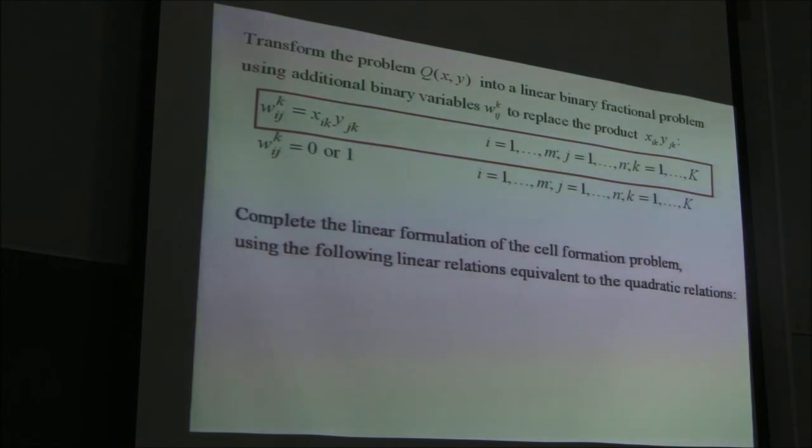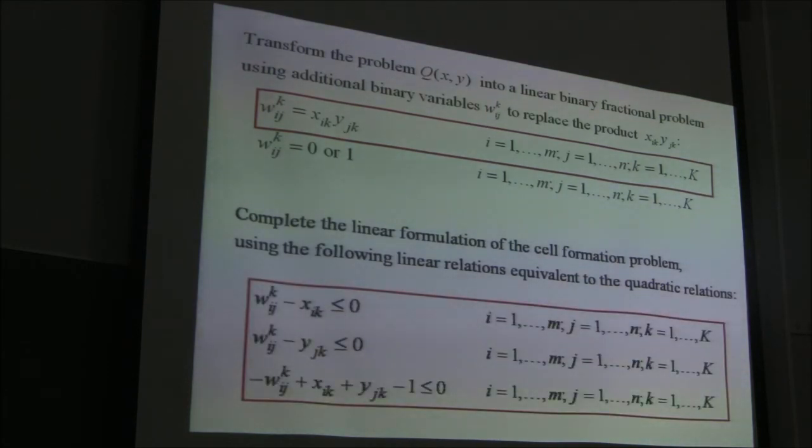Okay, now to specify the relation between the variable w and the x_i and the y_j, we add the following constraints. w_ij must be equal to 0 whenever one of the variables is equal to 0 here, right? And whenever both variables are equal to 1, then these constraints force the value of w_ij to be equal to 1.